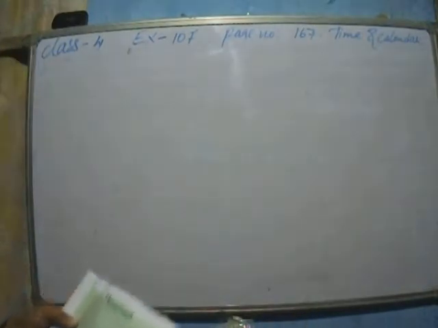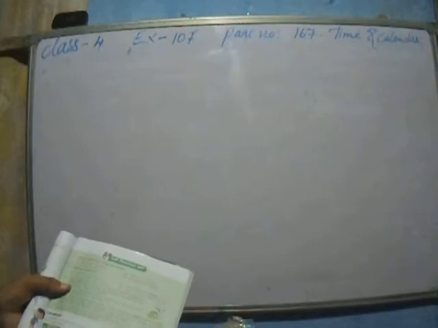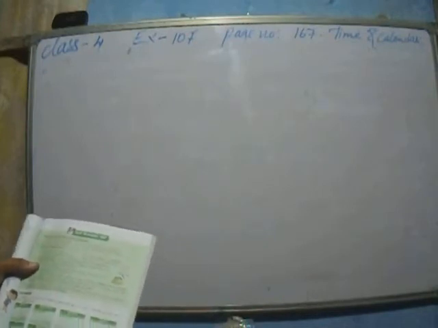Now question number 3 asks, a flight is supposed to start at 11:10 hours and reach its destination by 13:50 hours. If it starts 15 minutes late and arrives 90 minutes late, how long does it take to reach the destination?